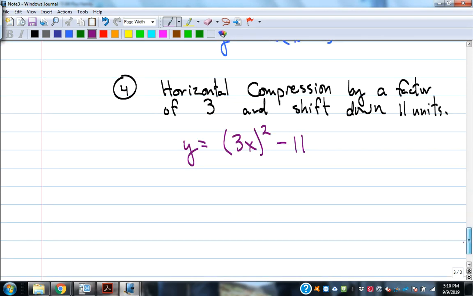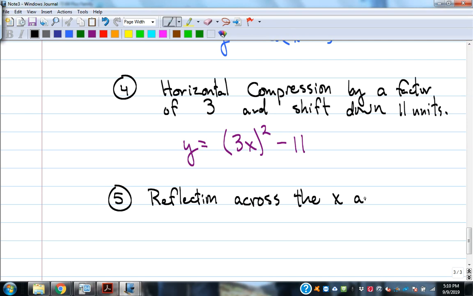Last one for this example, and then we'll go the other direction where we take an equation and try to tell what happened to it. What did it do? So this last one, let's do a reflection across the x-axis and then down 4 units.